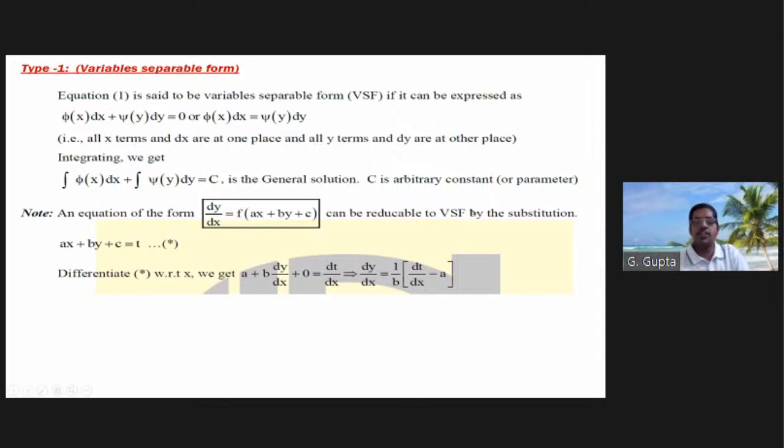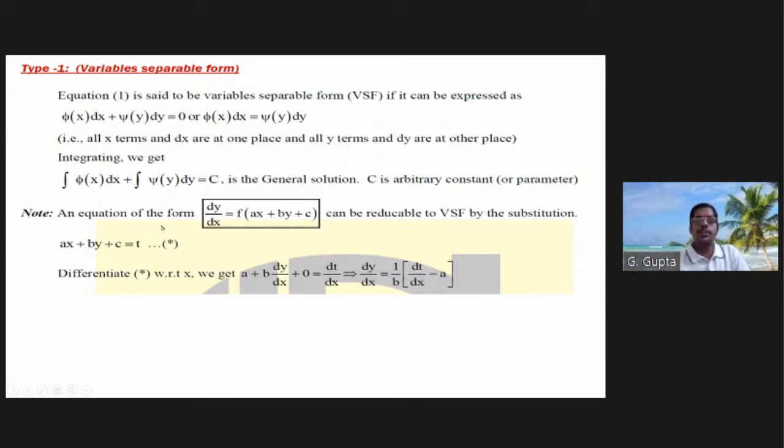What is the short form? Variable separable form, VSF. The full form is variable separable form. In short, we are writing VSF. By the substitution ax plus by plus c is equal to t. Let us mark this substitution by a star symbol. This is an asterisk, meaning instead of equation 1, I took a star equation.